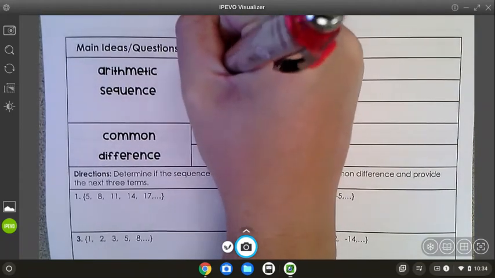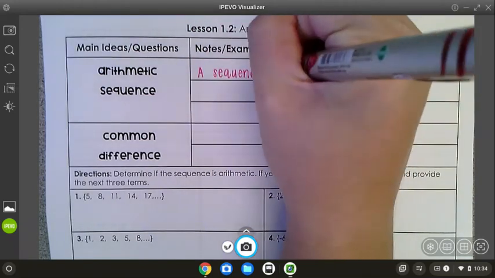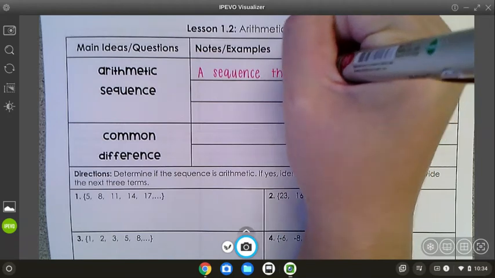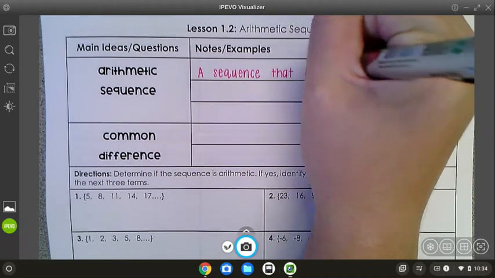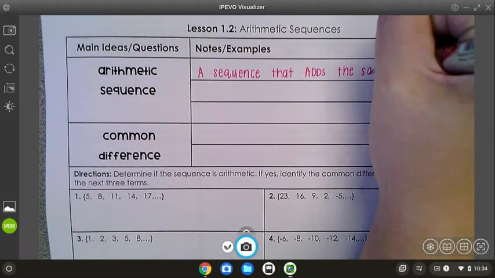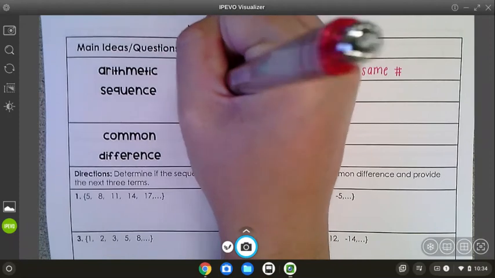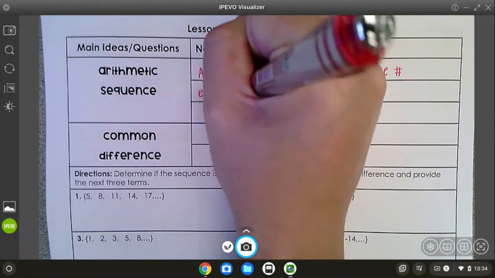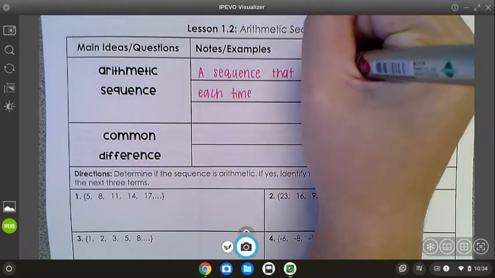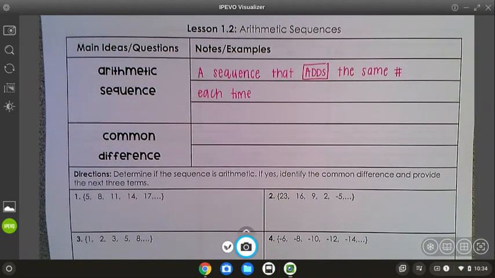It's a sequence that adds the same number each time.